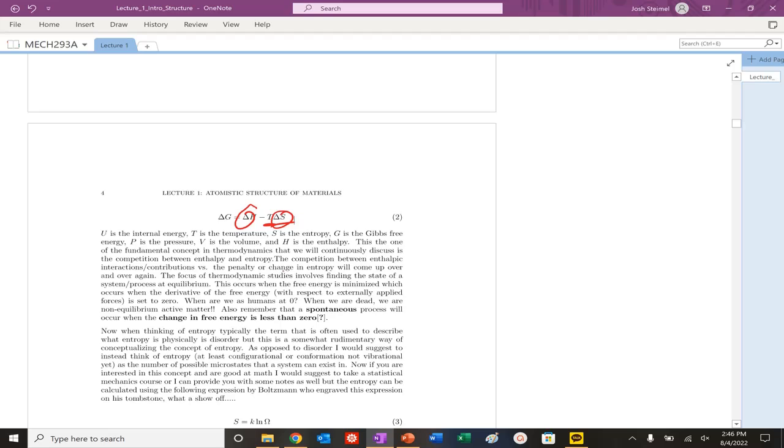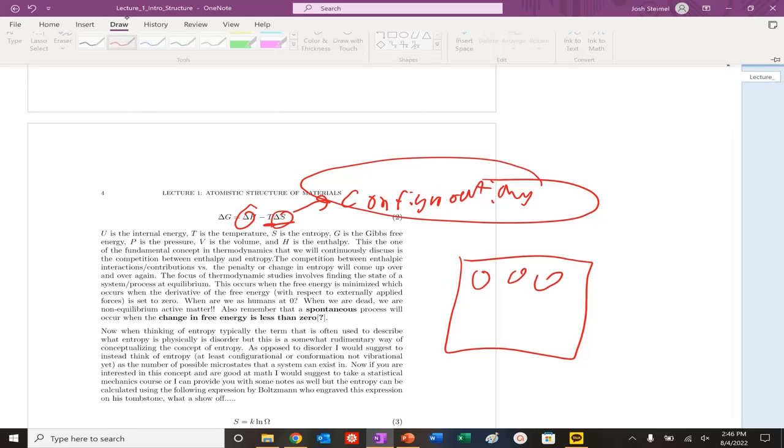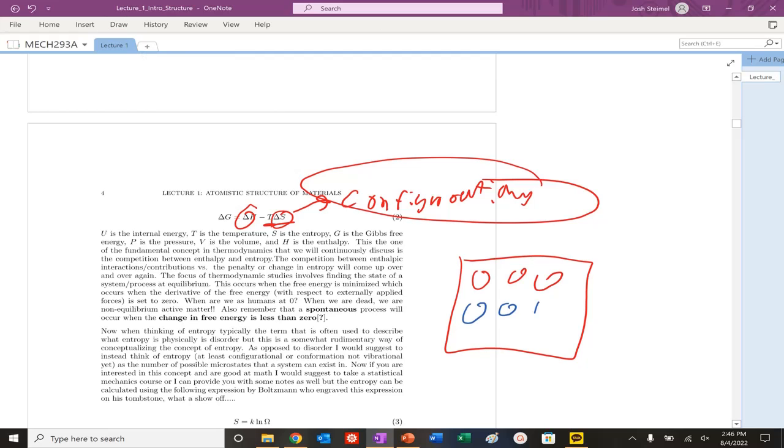Entropy is not disorder. The entropy that we're going to talk about the most is configurational entropy, or conformational entropy. It's basically the number of ways that I can distribute something. So for example, let's say I have some red balls and some blue balls. There are different ways that I can distribute and arrange these.